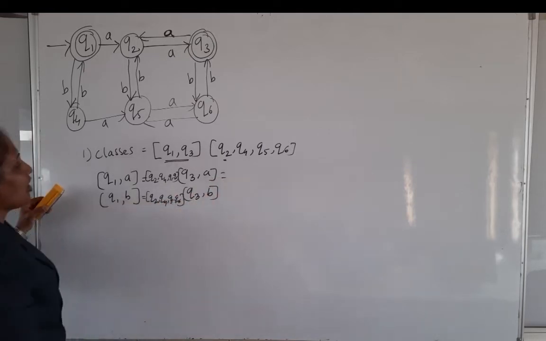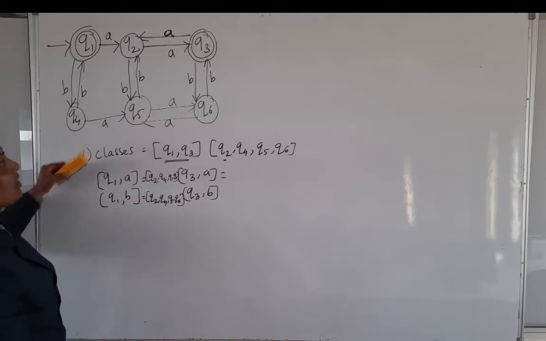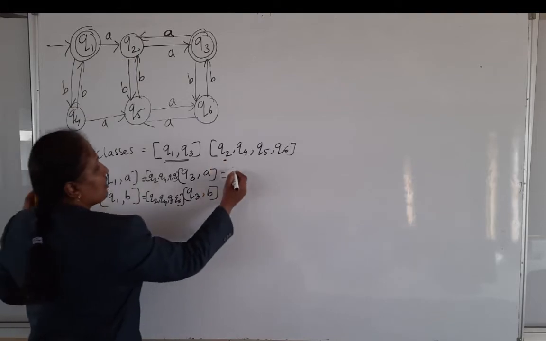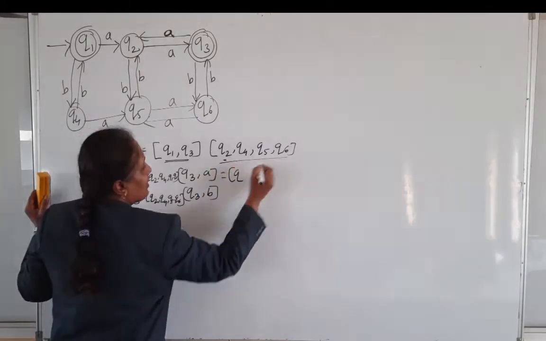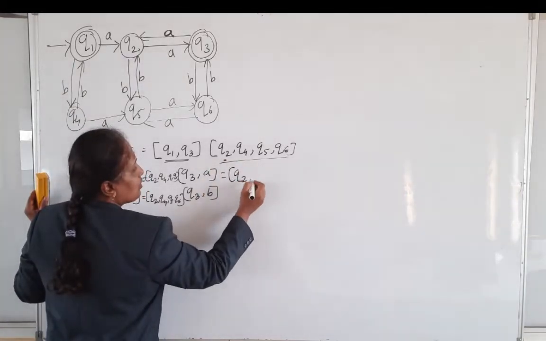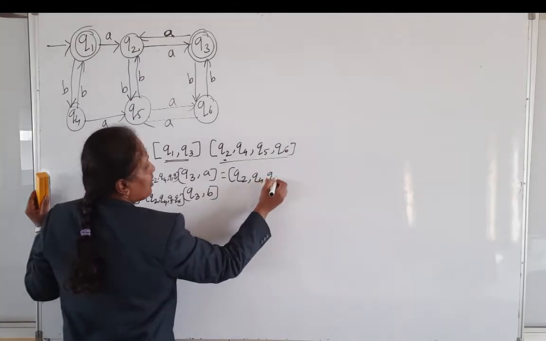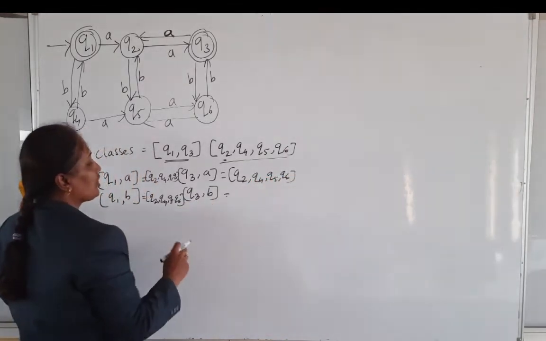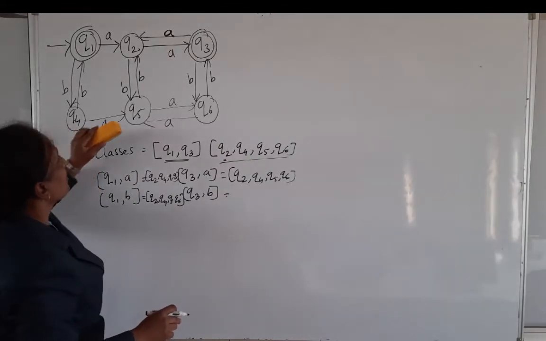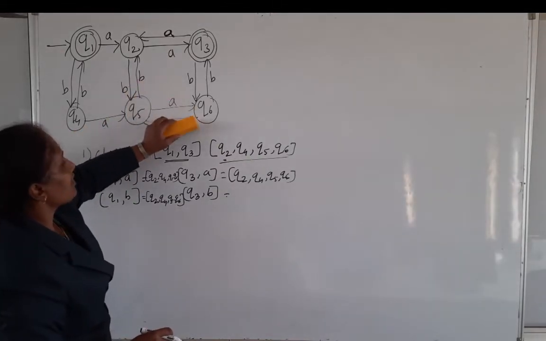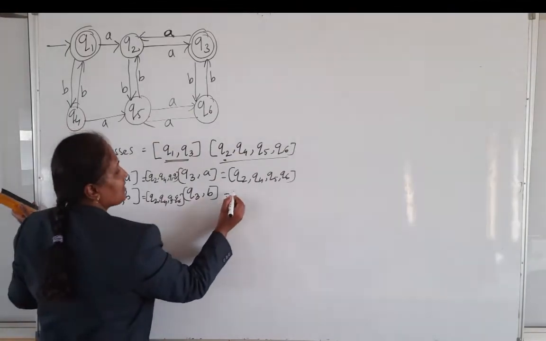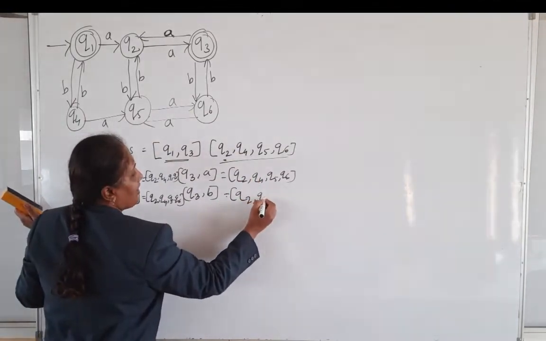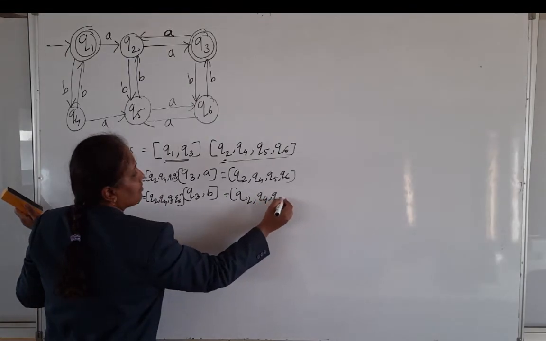Next Q3 of A. Q3 of A, where I reach Q2. So the whole class will come: Q2, Q4, Q5 and Q6 I will write. Next Q3 of B. Q3 of B, where I reach Q6, where Q6 is a member of this class. So I'll write the whole class here.